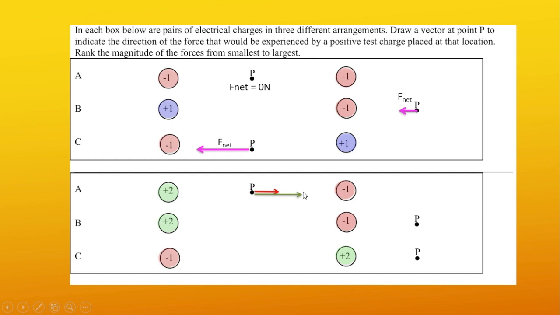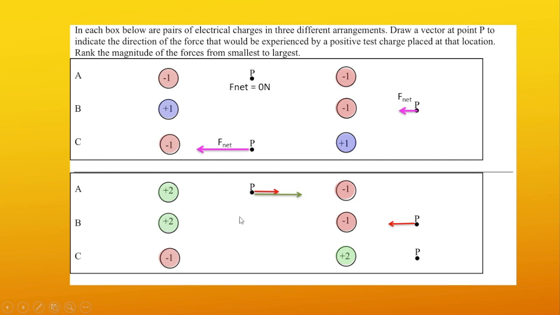Now let's take a look at B. For B, we have a force pulling it to the left, and that's coming from our -1 over here. And now over here, we notice that we have +2. Well, it's positive, so it's going to push it to the right, but is it going to be the same size, bigger, or smaller? Well, it is more charged, so maybe it's bigger. But wait, if we look at this, we see that it's really far away.